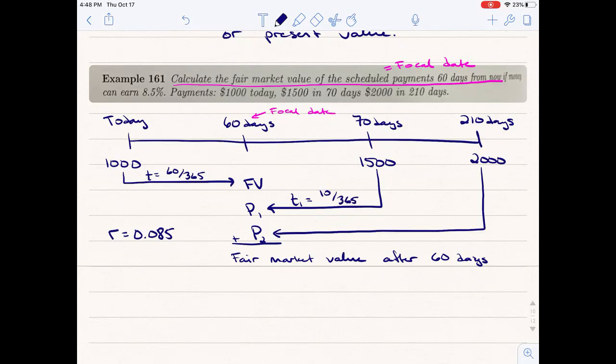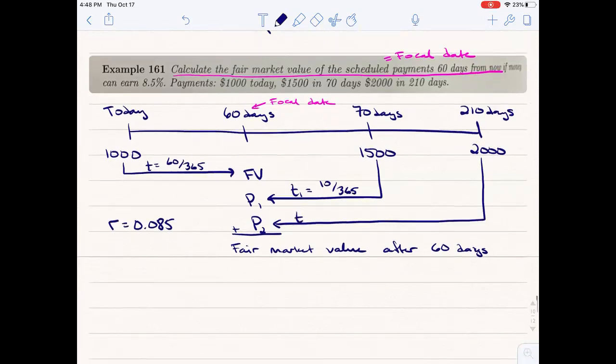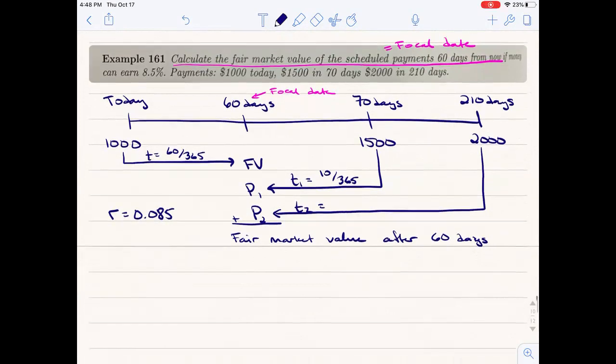Phew. And then T2 is 210 days from today, but not from 60 days. And so that puts us at 210 minus 60, which is 150 days over 365.